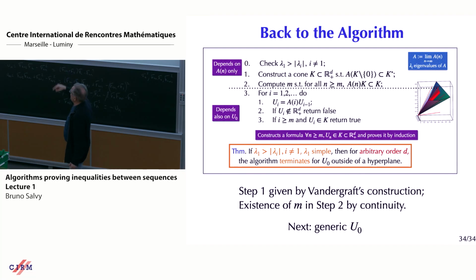And then for the last part, this U0, it really depends on how close your vector is from this bad hyperplane. And this has not been formalized in such a way that I can tell you, oh yes, if you are at distance more than this, then a finite number of steps will be okay.